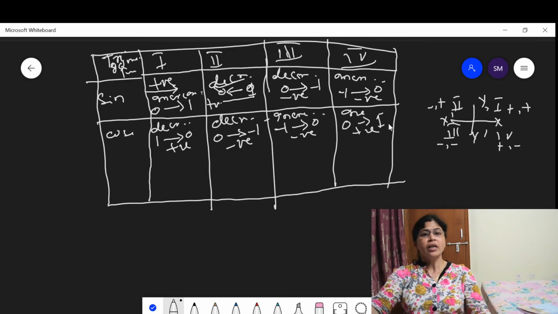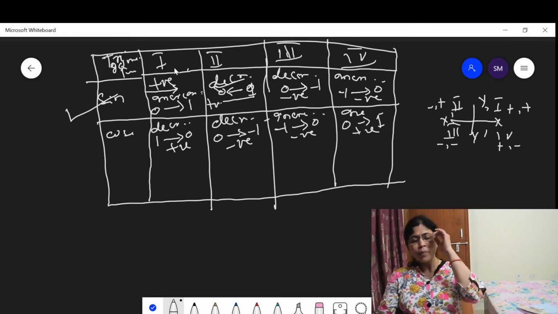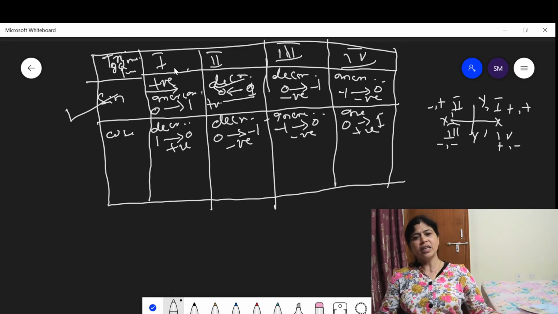Look here. In the case of sine, in the first quadrant it is increasing from 0 to 1, which means positive.